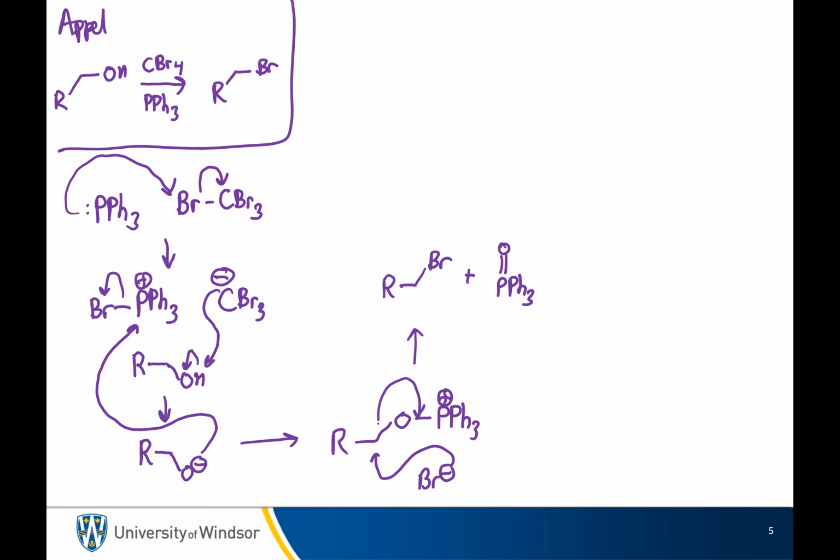And we generate triphenylphosphine oxide and your alkyl bromide.